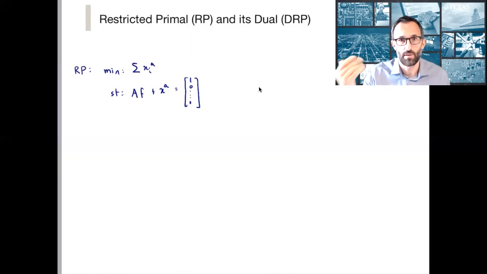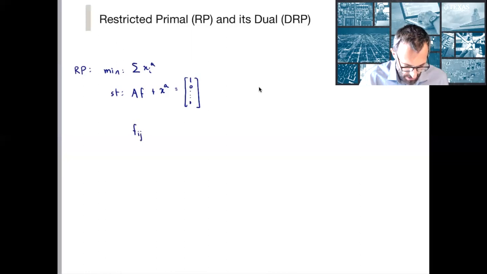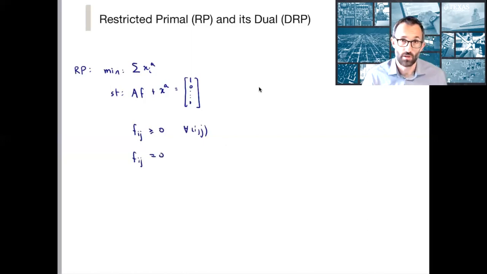If I had a +1 and a -1, I would have had to flip the signs of that row in A, but I can always accomplish it. Fij is greater than or equal to 0. This holds for every ij. But also, Fij has to equal 0 if ij is not in capital J. This is the restriction. This comes from complementary slackness. And also my auxiliary variables are non-negative.